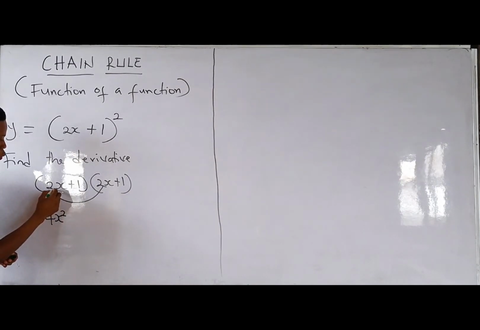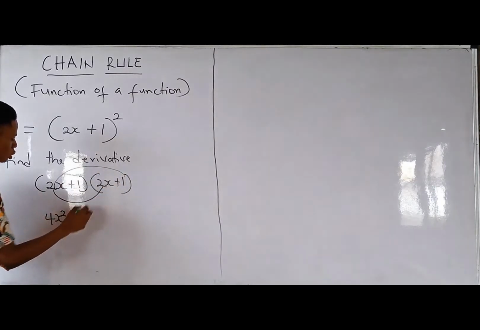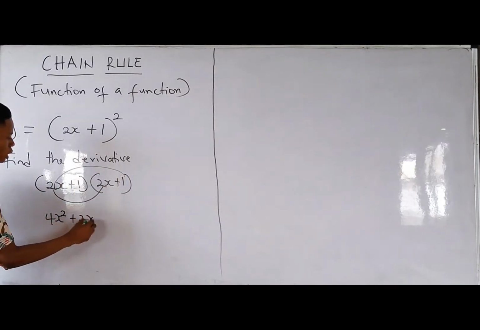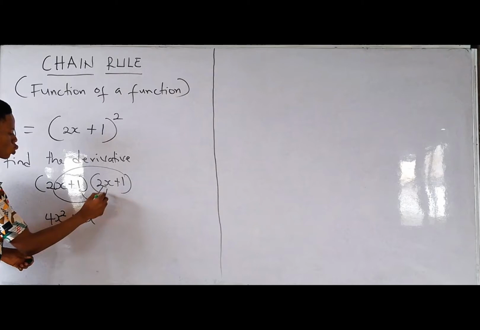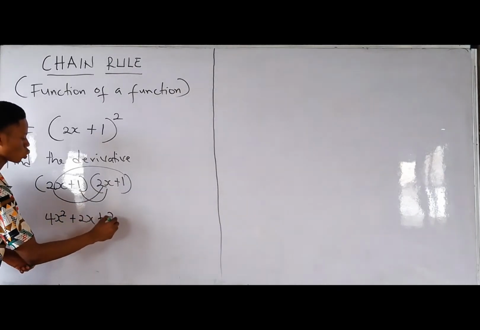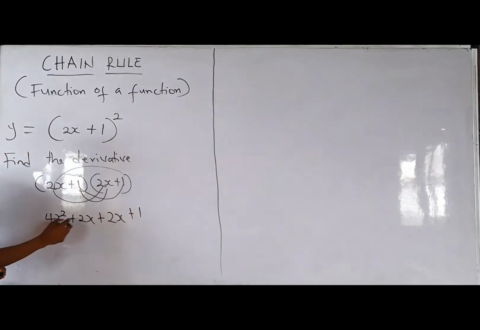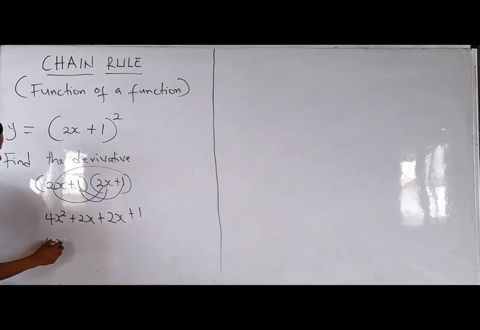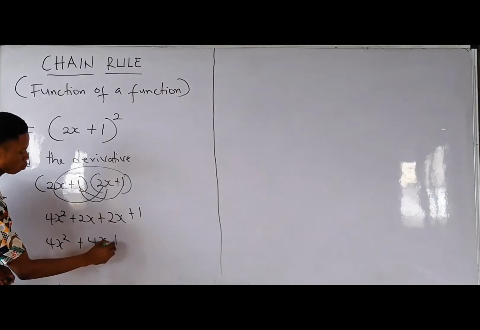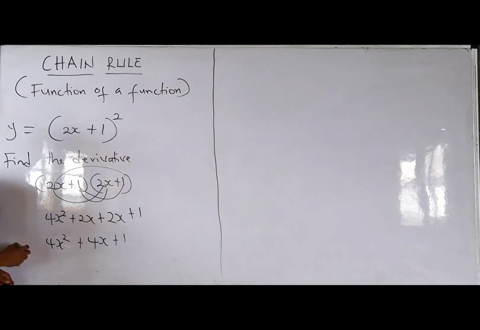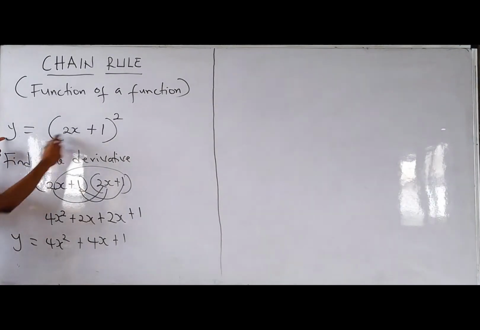This 2x times 1 will give me plus 2x, right? Now this 1 times 2x will give me 2x. Then 1 times 1 will give me 1. Good. So I'll be having 4x squared plus 2x plus 2x will give me 4x. Good. Plus 1. Is it not? Now y is equal to this.